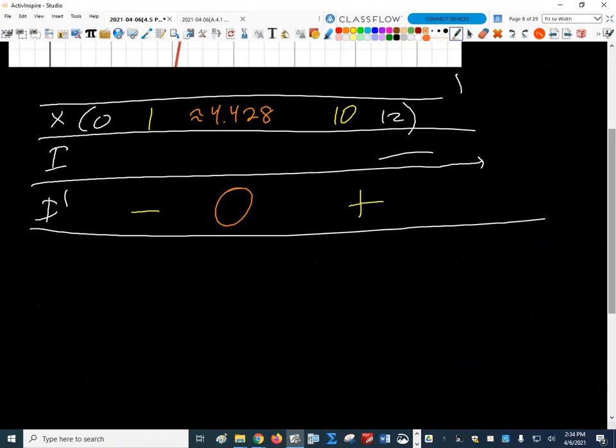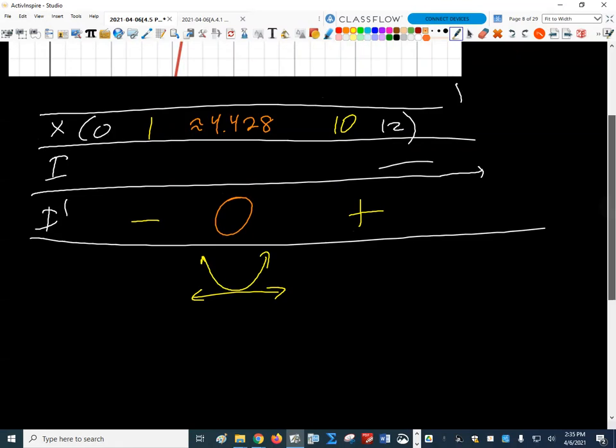I've got a horizontal tangent, going from a negative first derivative to a positive first derivative. What is that by the first derivative test? Yeah, it's got to be a minimum, doesn't it? We go from decreasing to increasing, so it's got to look like that. So we found our minimum for intensity.